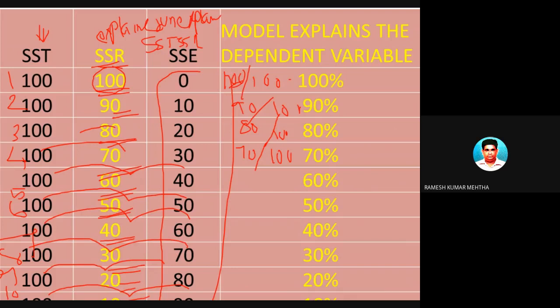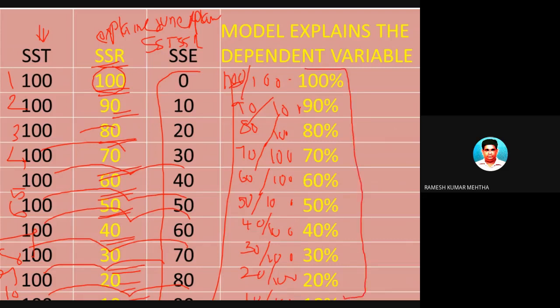Out of 100, 60 is explained, 50, 40, 30, 20, and 10 is explained. So this is the explained.